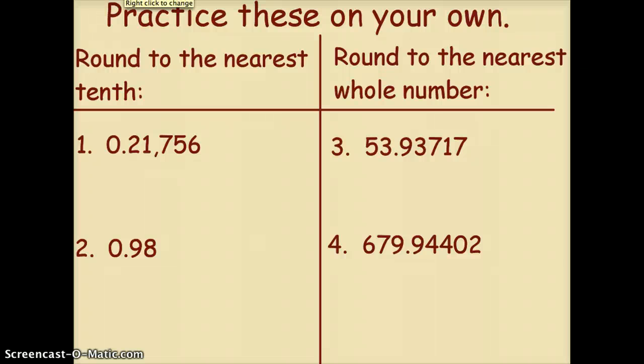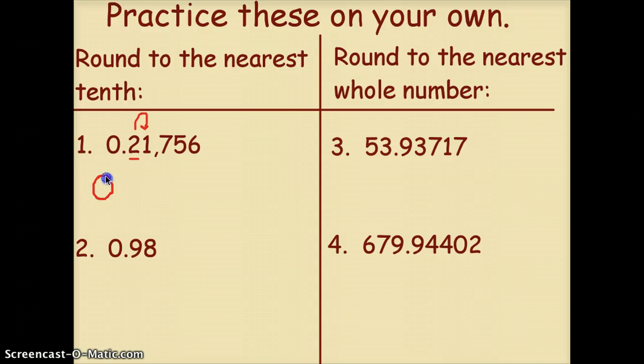Hopefully you've already given these a shot, but I'm going to start working on these. So if we're rounding this number to the nearest tenth, that means I'm underlining the 2. I'm going to look at its neighboring value, the 1, to decide if my value is going to change or stay the same. 1 means that the car has not gotten over the hill.